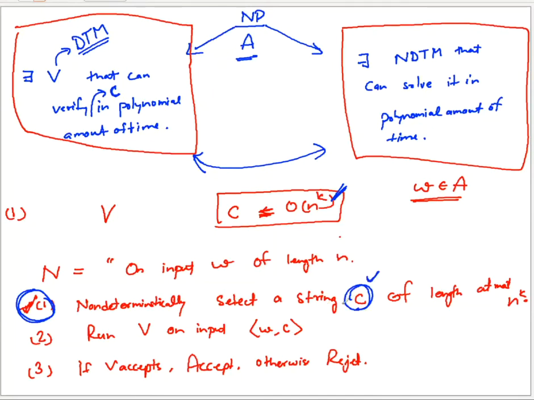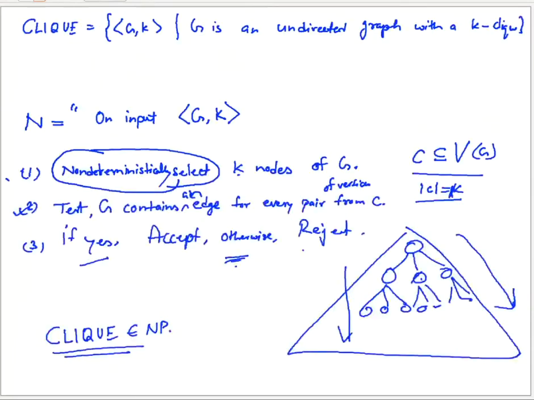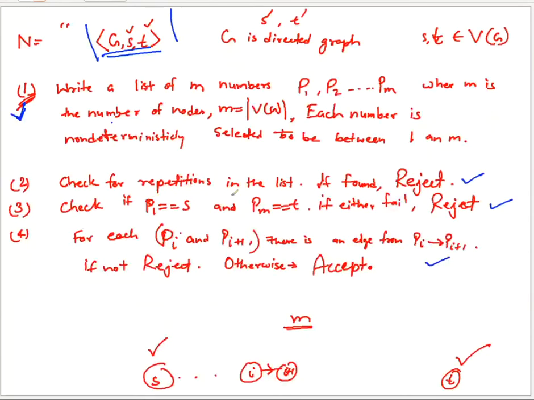That's what we were doing even when we designed the non-deterministic machine for the Ham path. If you look at this step, this is the position that you are fixing here. It is the certificate that you are generating, basically when you fix the location of the nodes.